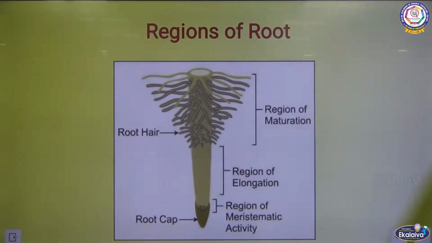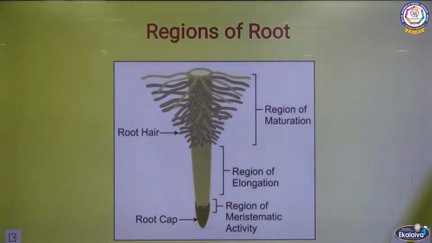Above the region of elongation, we will find the region of maturation. In this region, the cells differentiate into various tissues, and from there you will find epidermis, cortex and vascular bundles when we see the anatomy of the root.